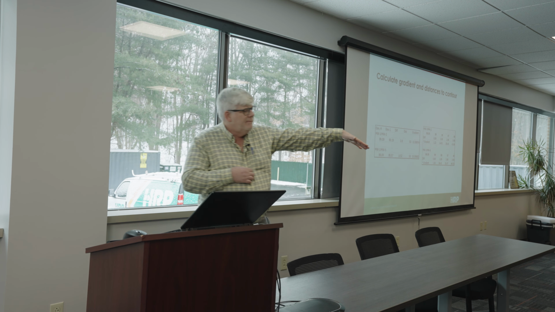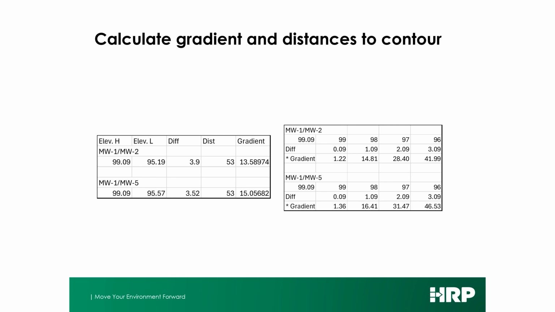We said we were going to make 4 groundwater contours. So from 99.09 to 95 something, we need to know where the 99 is, the 98, the 97, and the 96. Those are the 4, it's as easy as it gets, 4 full 1 foot contour intervals.